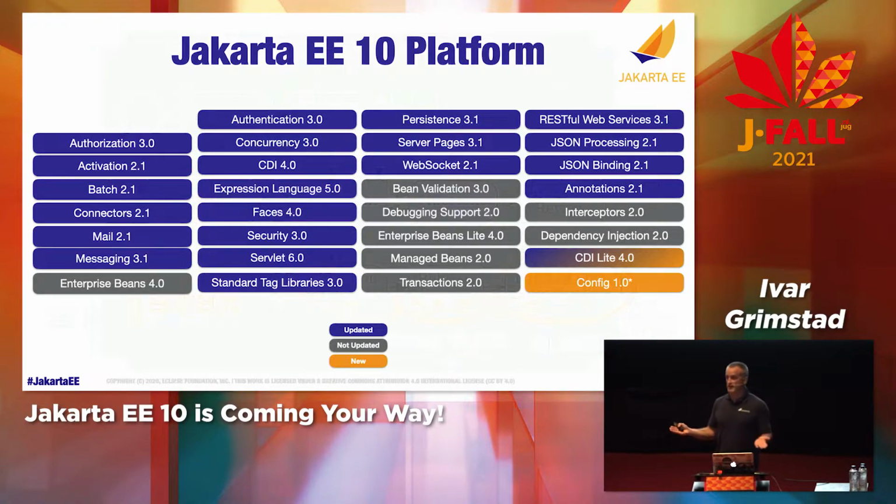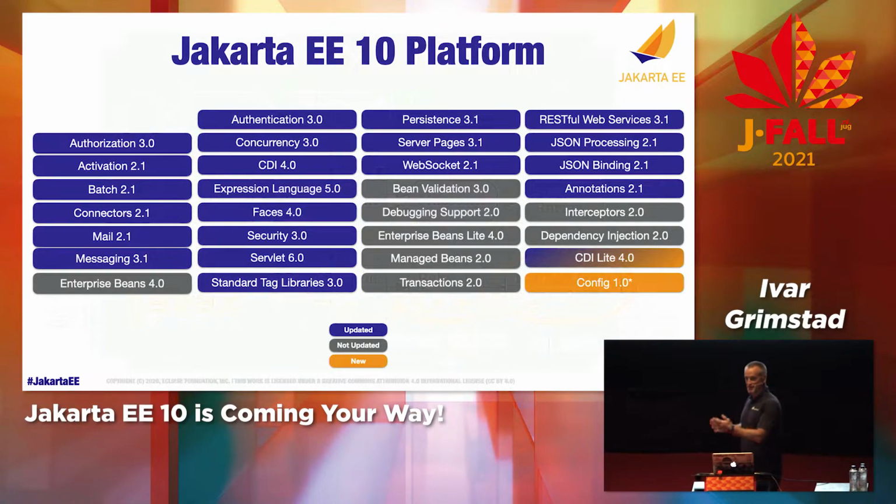Those in gray are not getting updates. They are good as they are, or the project team has decided that they can't make it this time. So they will probably work towards a later version of Jakarta EE. And there are some yellows down in the corner. And this slide is actually lying a little bit, because Config here will not be a part of the platform.